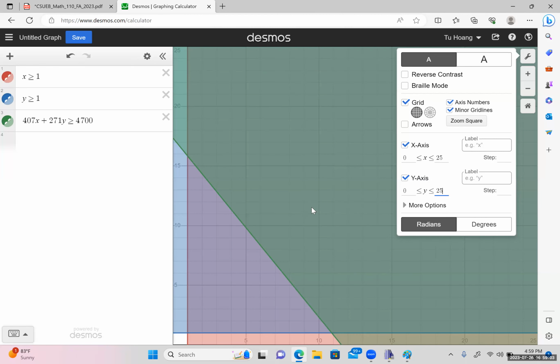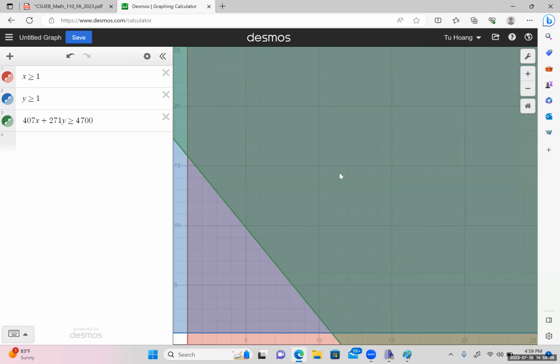All right, so as you see now, the overlap shaded one is going to be just this one. Let's use this one. Yeah, I think that's good.